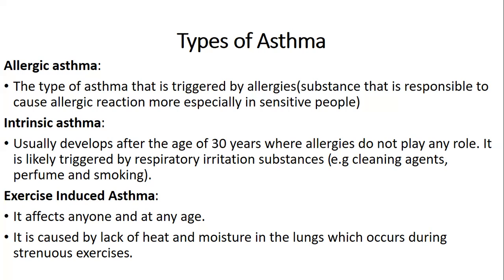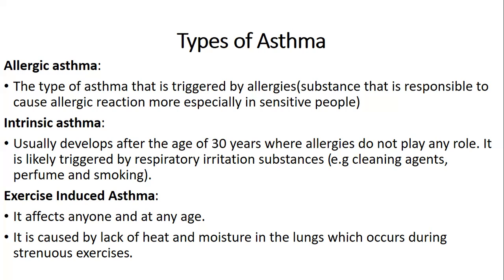It also includes the asthma that would develop because of occupational exposures, people working in industries where they are making drugs, where there is actually a lot of pollution and they are exposed to these pollutants. Their airway will be injured and they are likely to develop what is referred to as intrinsic asthma.